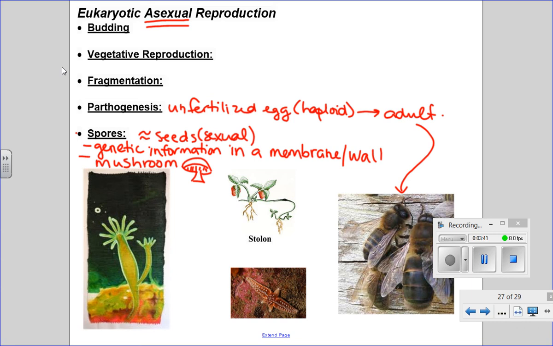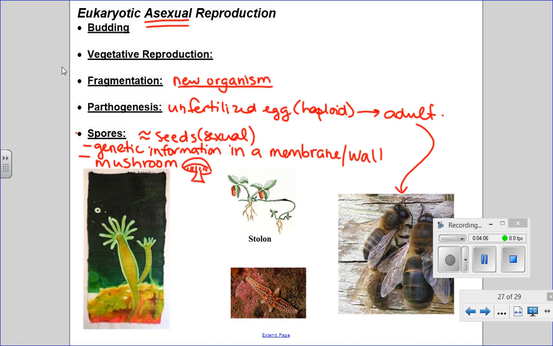I will mention something about fragmentation as well, because someone asked me this question yesterday. Fragmentation has to be the formation of a new organism. I brought up the idea of a starfish because a lot of people know that starfish can regrow limbs. Regrowing a limb is not fragmentation because I haven't made a new organism.